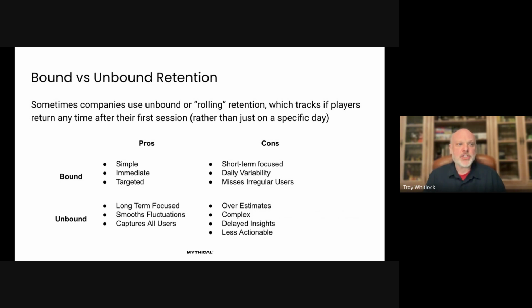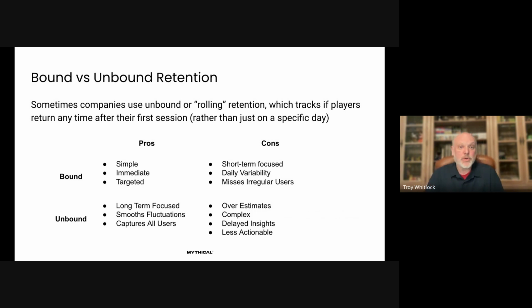Unbound, or rolling retention, is the idea that someone who played on day 10, you also count them for days 1 through 9. So in bound retention, I only care if you came back on day 7. That's a day 7 retained user. In unbound retention, if you came on day 10, I also count you as a day 7 retained user, whether or not you actually opened the app on that day.